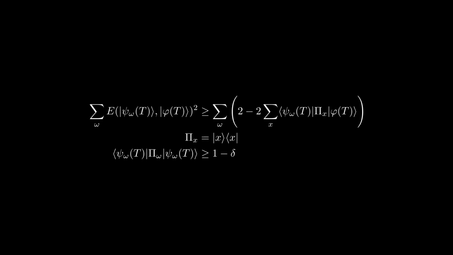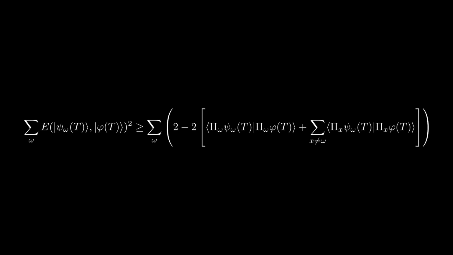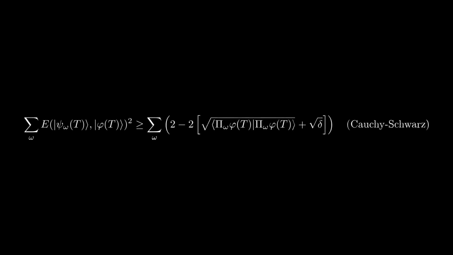With this, we can rewrite the right-hand side of this expression in terms of a sum over projection operators, since the sum of projection operators is the identity matrix. If we split this sum into parts where x equals omega and x is not equal to omega, we can then apply the Cauchy-Schwarz inequality to each of these individual inner products, using the fact that the norm of all these projected states is at most 1, and the norm of psi omega projected onto the complementary subspace to omega is at most the square root of delta.